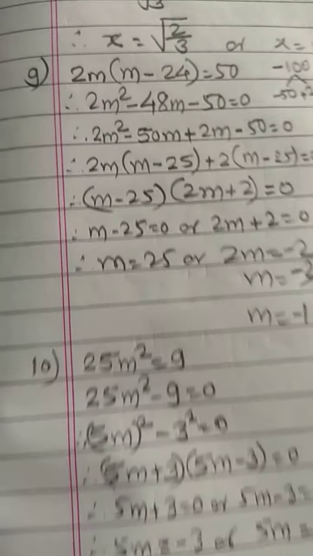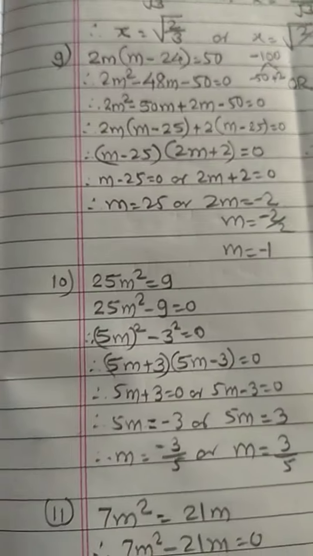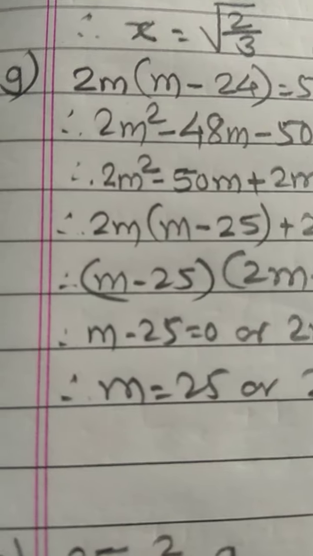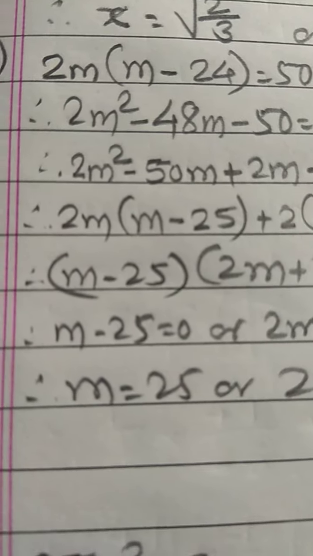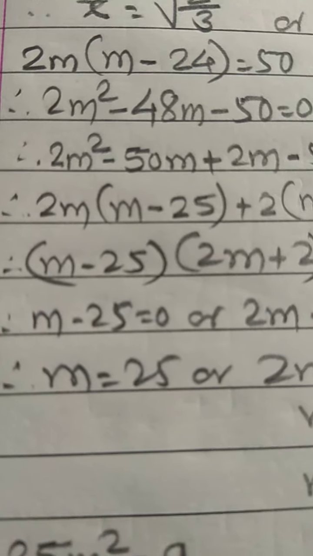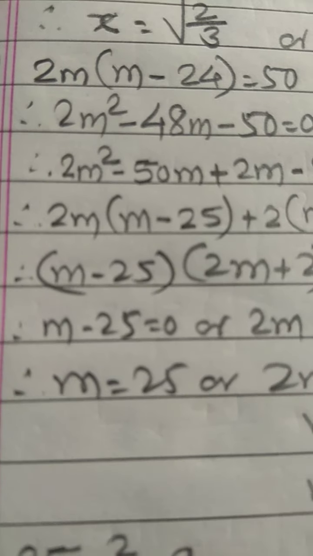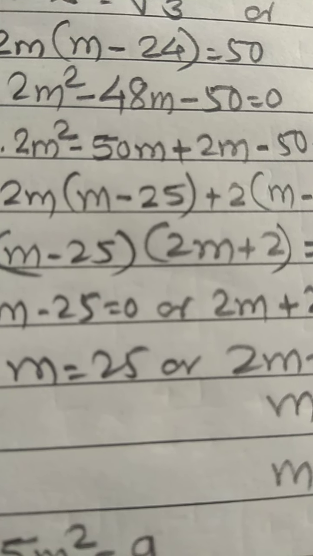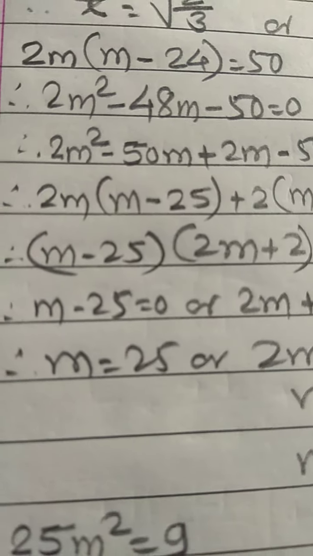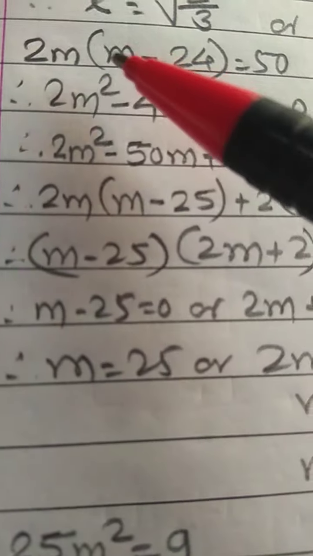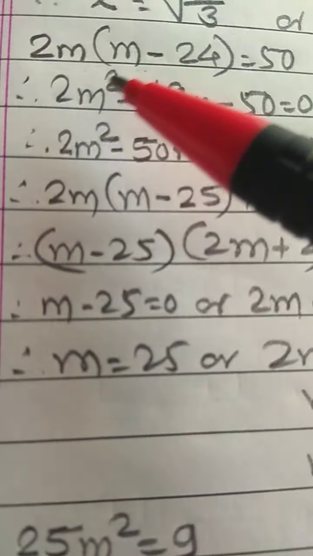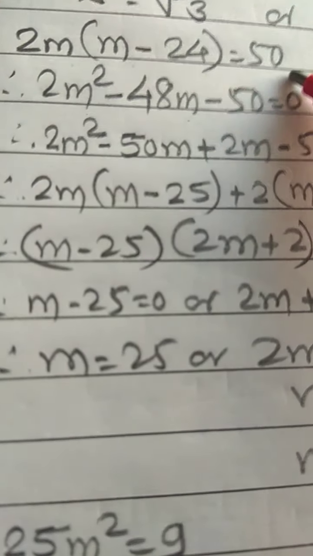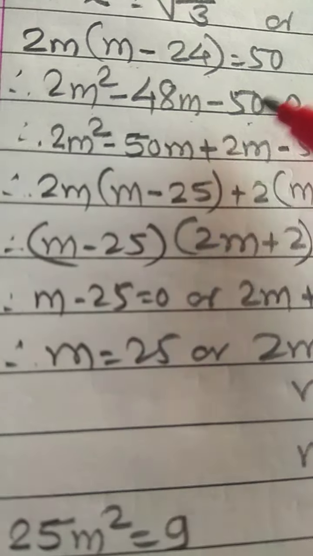Now question number 9 is 2m in bracket m minus 24 equal to 50. To have the equation in the form ax square plus bx plus c, we will multiply this 2m and m. 2m into m will give you 2m square, 2m into 24 will give you 48m, this plus 50 will come to this side and will become minus 50.